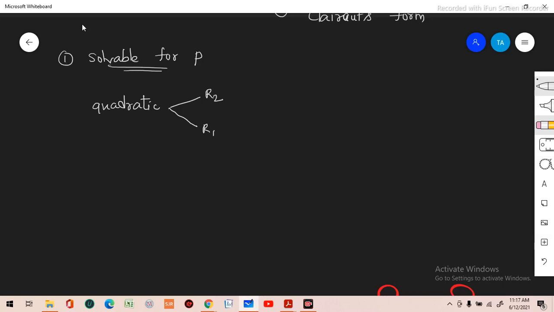Is it fine, guys? If the question given in the exam can be factorized in terms of a product of p, then you can apply solvable for p.